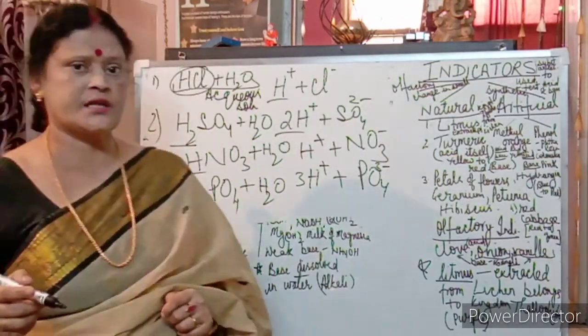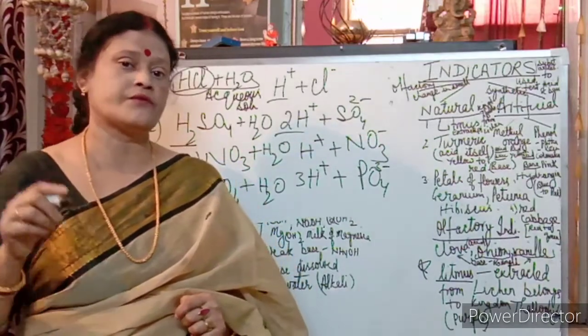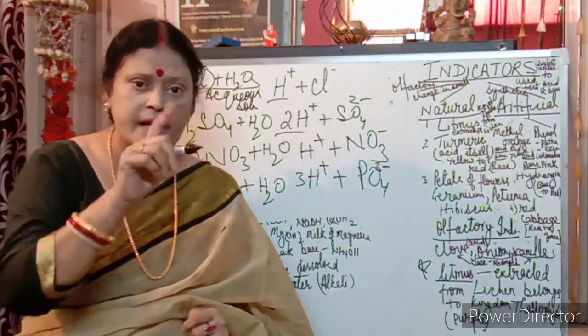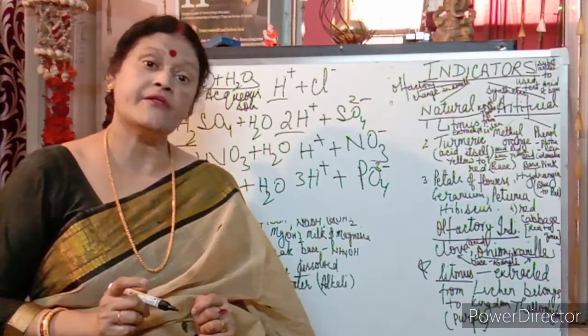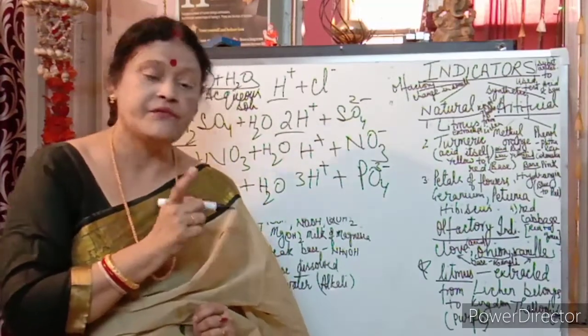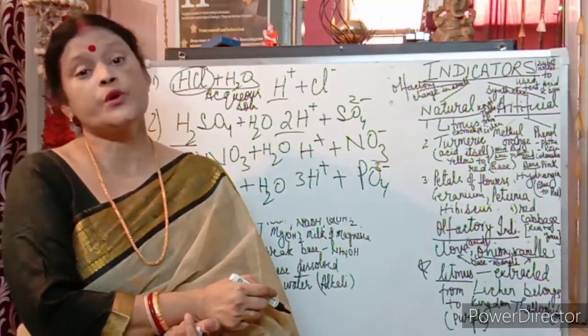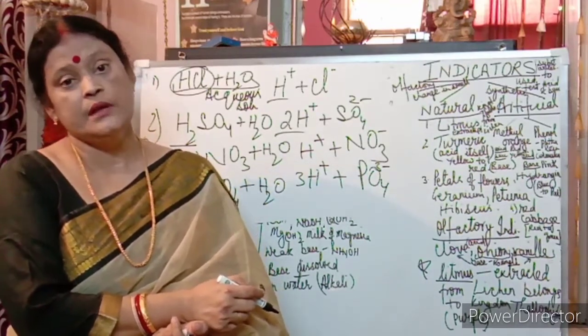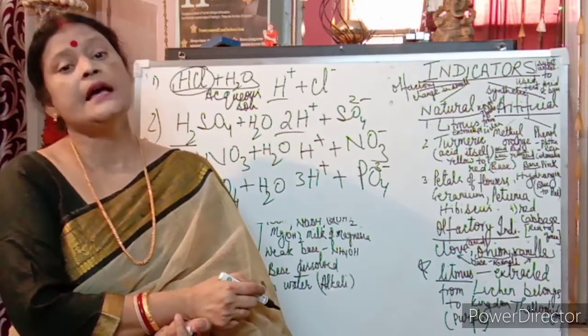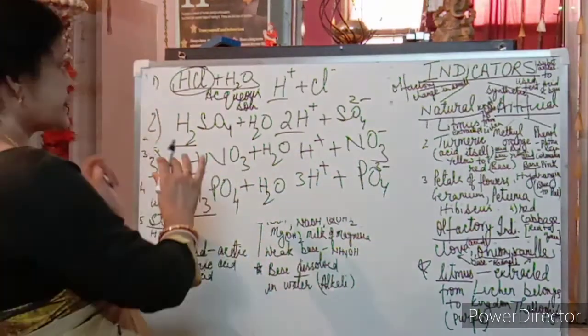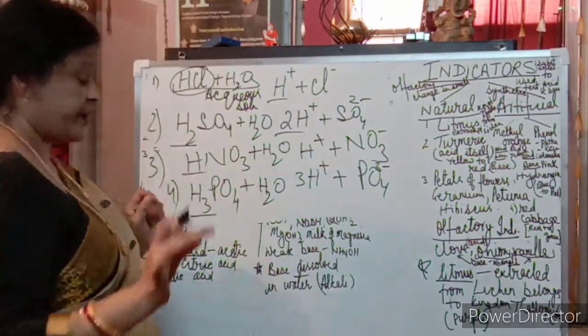If we say K positive, Na positive, sodium, magnesium positive, it is not an acid. Whenever it is releasing H positive, then we will call it an acid. Positive means proton, it is releasing a proton. Clear? Hydrogen proton, that is H positive. So this is an example, and very important.